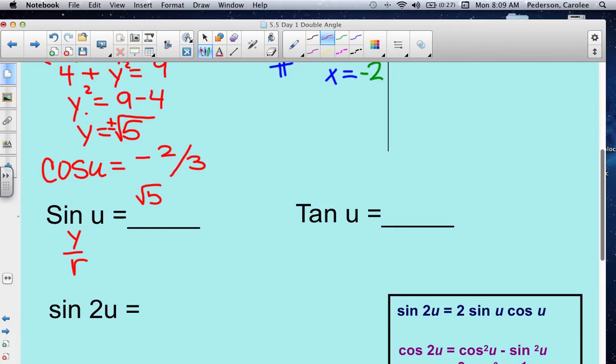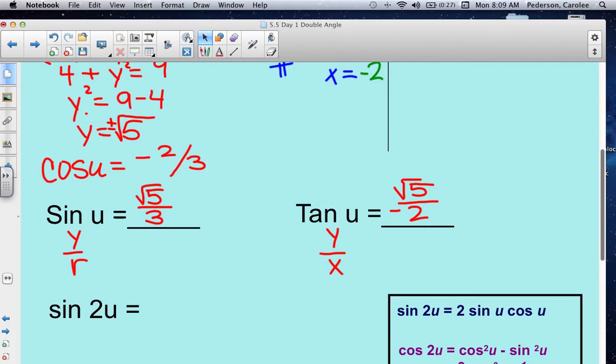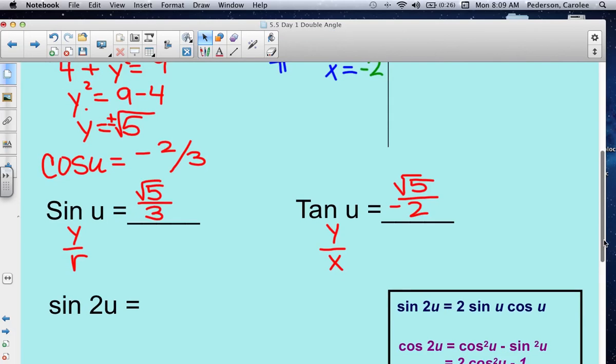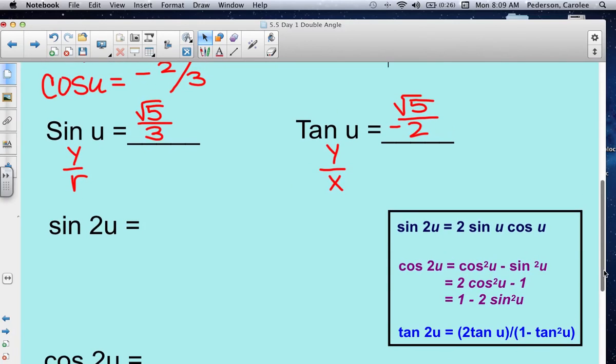So square root of 5 over r, 3. Then the tangent of u is y over x. So square root of 5 over x, which is negative 2. Now we're going to use these 3 values to find the double angles.